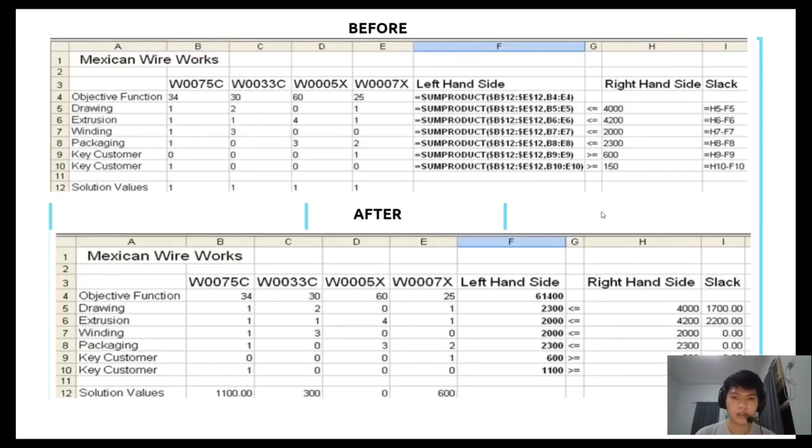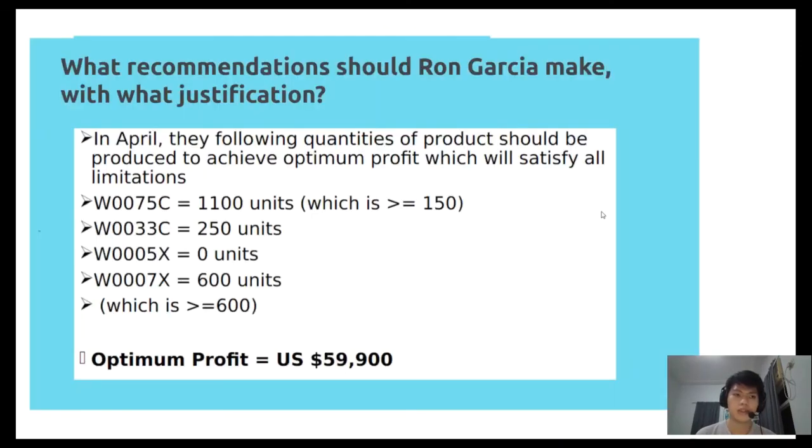Okay, so now we go back to the question. What recommendations should Ron Garcia make, with what justification? In April, the following quantities of product should be produced to achieve optimum profit, which will satisfy all limitations.